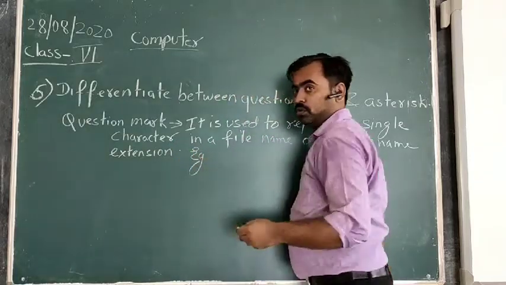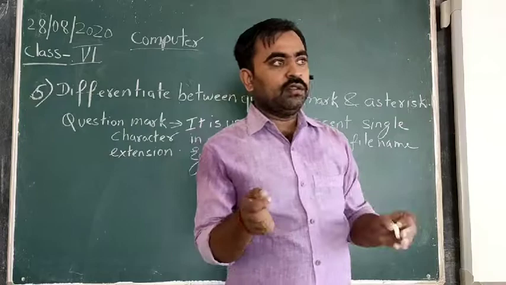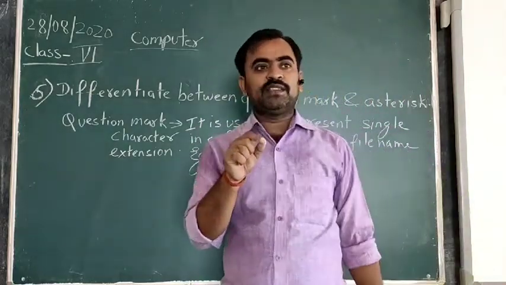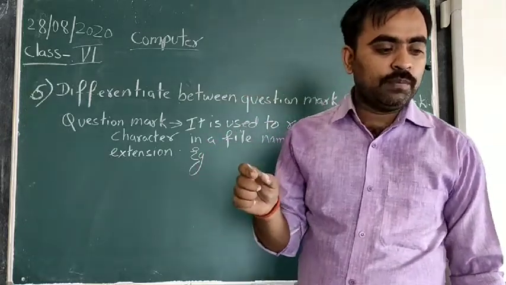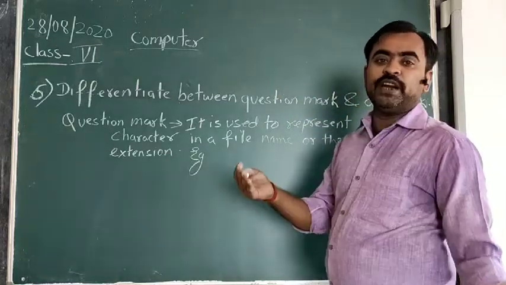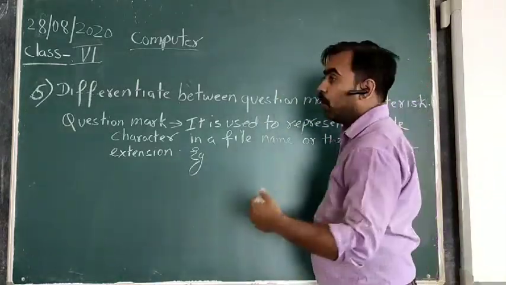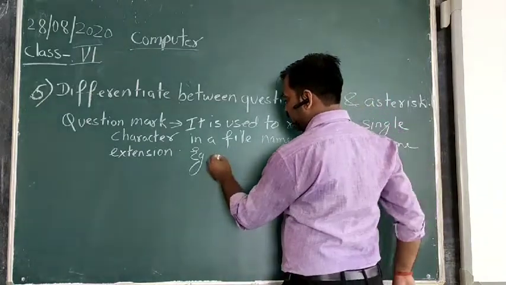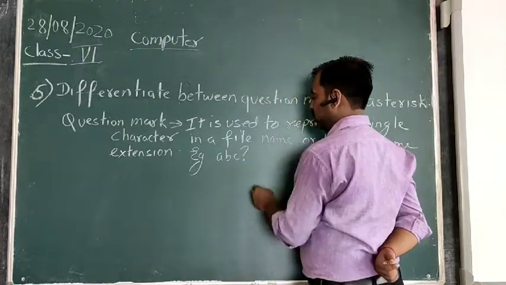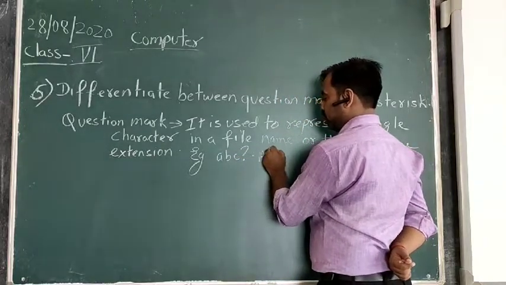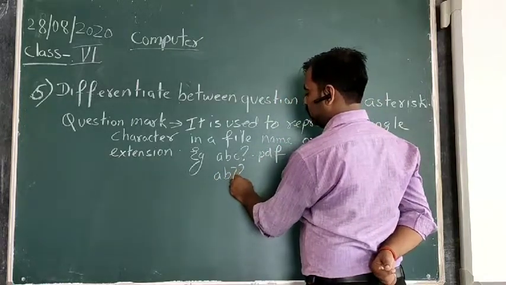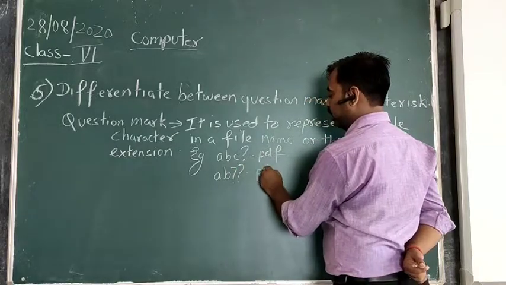For example, suppose you only know that you are going to search a file whose file name starts with ABC, and you do not know the complete file name, and it is a file with a PDF format. Then you can write it like this: ABC question mark dot PDF, or you can write AB question mark dot PDF.